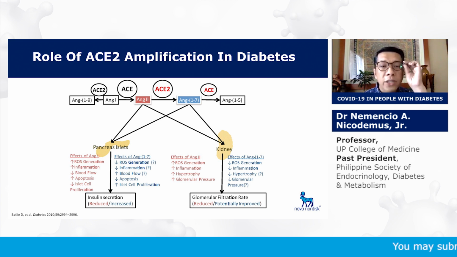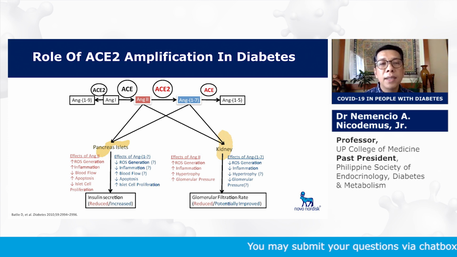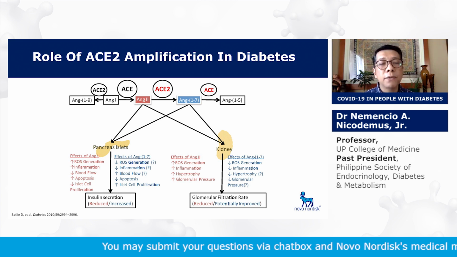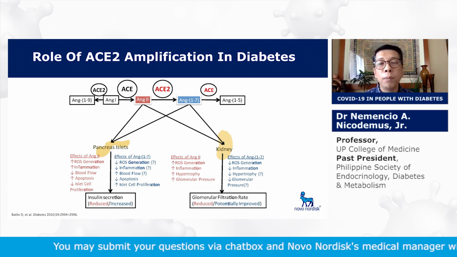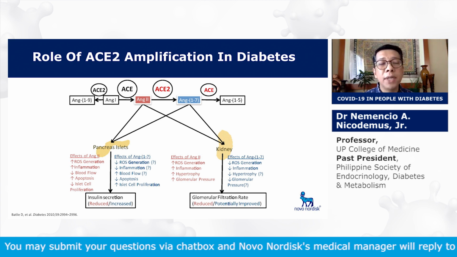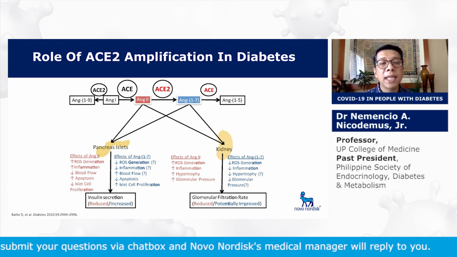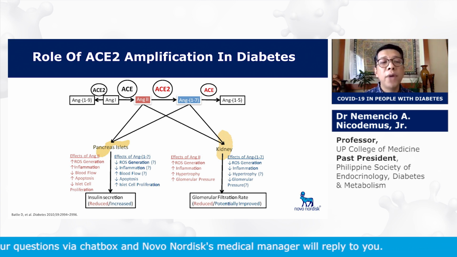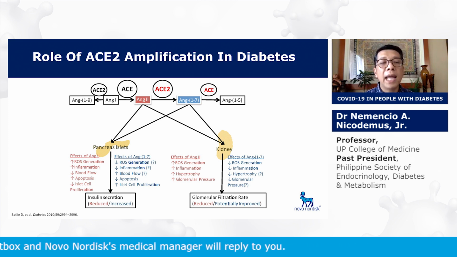The ACE2, as we said, converts angiotensin 2 to angiotensin 1 to 7. Does this have any beneficial effect in the body, particularly of those with diabetes? Yes, in fact, if you have more of the angiotensin 1 to 7, as far as the pancreatic islets are concerned, you have a reduction in the apoptosis and an increase in the islet cell proliferation. Thus, it helps a person with diabetes.